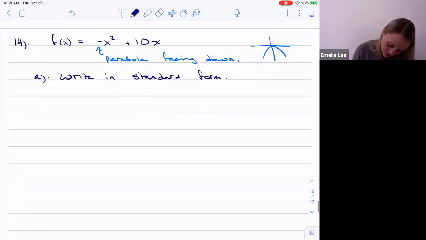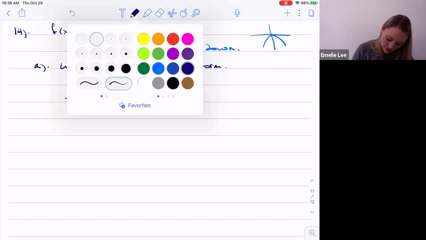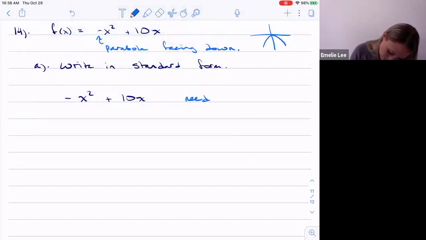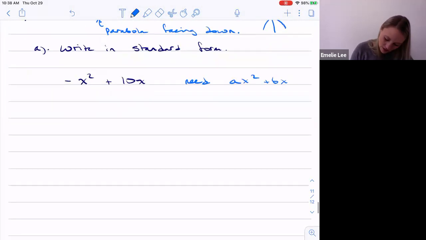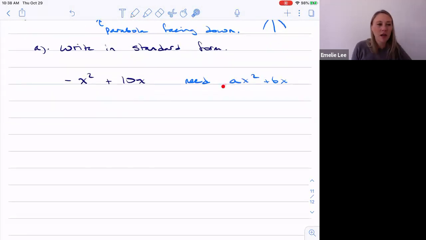Okay, so I've got negative x squared plus 10x, but I need it in the form ax squared plus bx, right? Or sorry, not a, I need x squared plus bx in our completing the square, right?